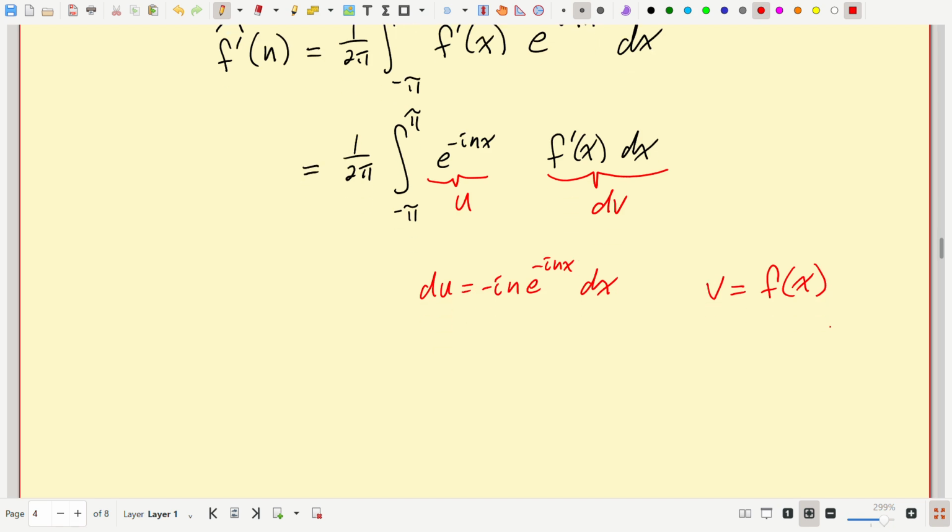And so integration by parts is going to yield 1 over 2 pi, u times v evaluated between minus pi and pi, minus the integral of v du.